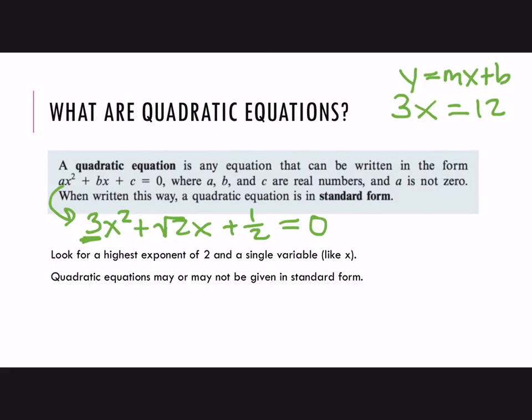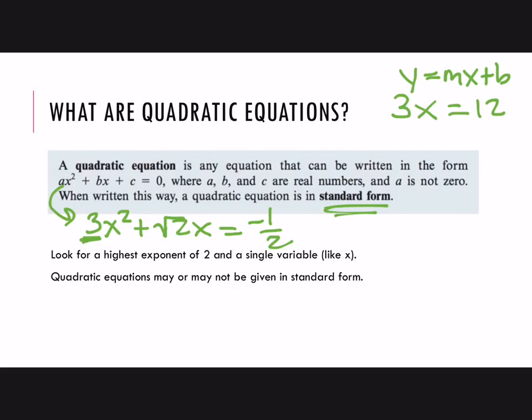Now it doesn't always have to appear in this form. For instance, if I rearranged this and maybe subtracted the 1/2 and moved it to the other side, that's still a quadratic equation, it's just not in what we consider to be standard form.